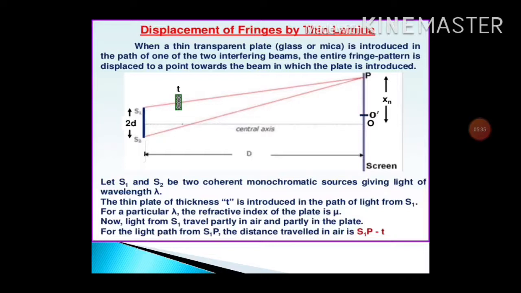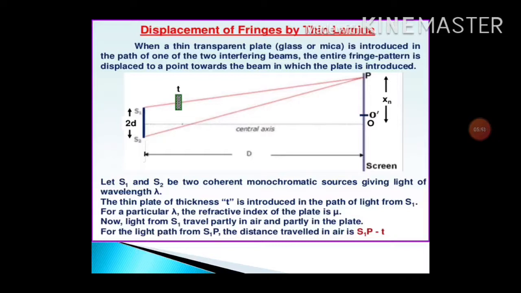Now let us consider the light from S1 travelling partly in the air and partly in the plate. As you can see, it will travel partly in the air and partly through the plate having refractive index mu.